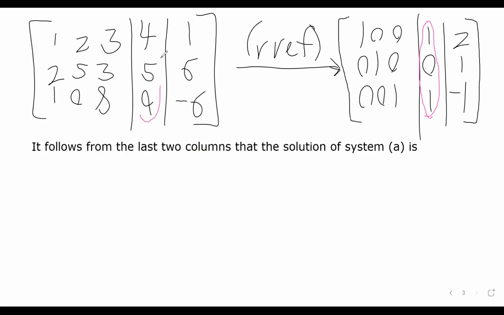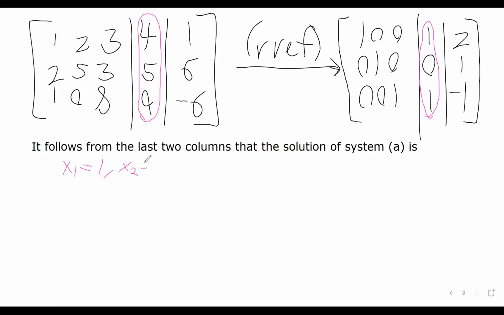And that was from this one. This is for system A. These are the numbers on the right-hand side for A. This is what it reduces to. And so the solution of A is that x1, see x1 is equal to 1.